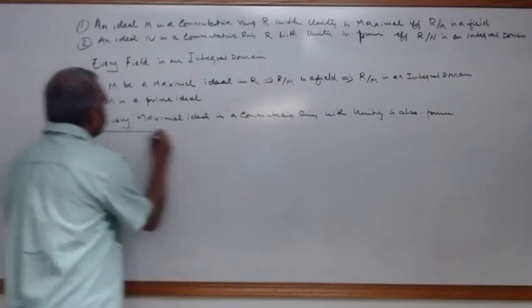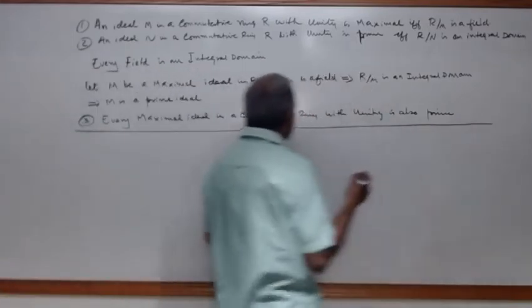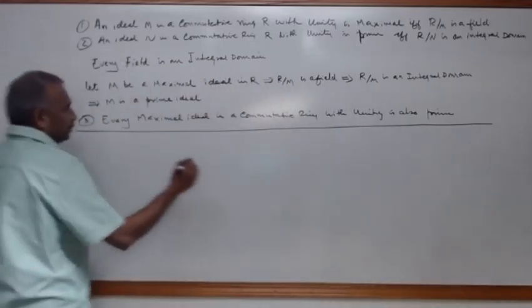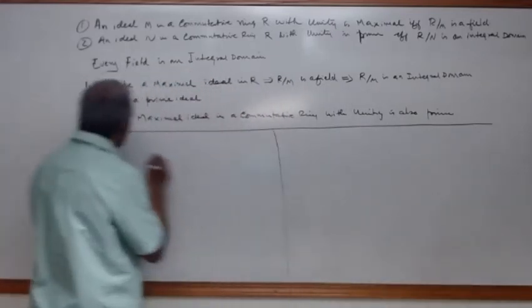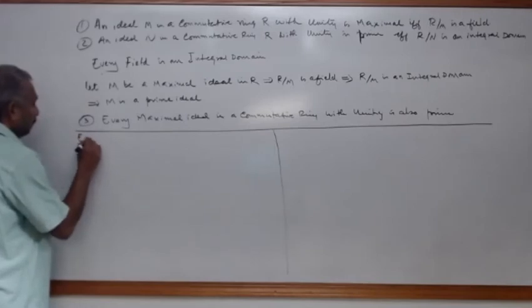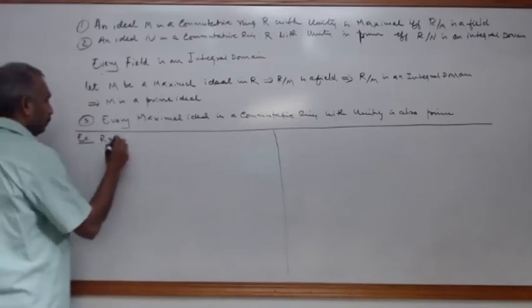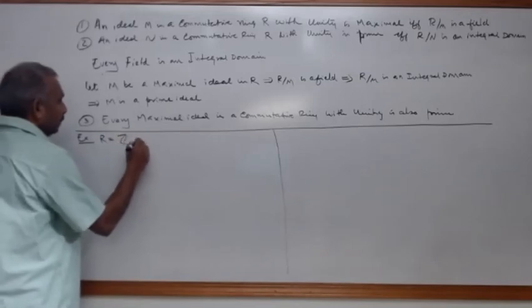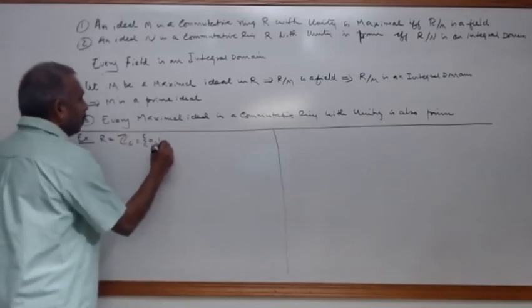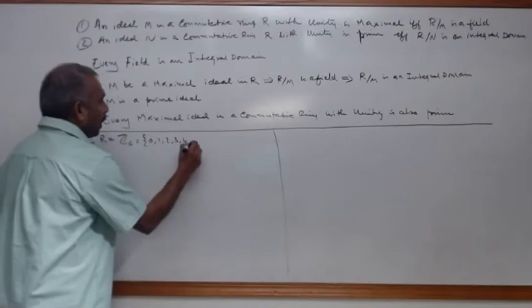So let us do some examples here. Let's take R equal to Z6: 0, 1, 2, 3, 4 and 5.